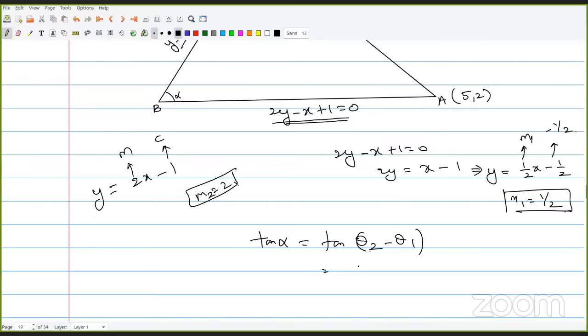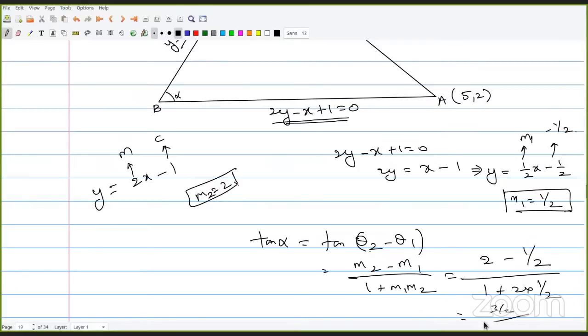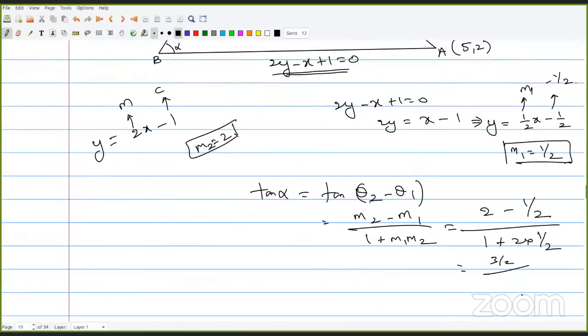So we have that formula: m2 minus m1 by 1 plus m1 m2. The bigger slope is 2. So 2 minus half divided by 1 plus 2 times half. This will give me 3/2 by 2. We will get 3/4.